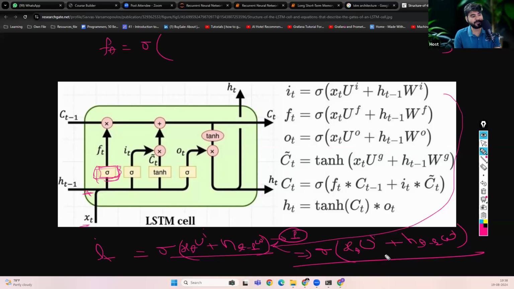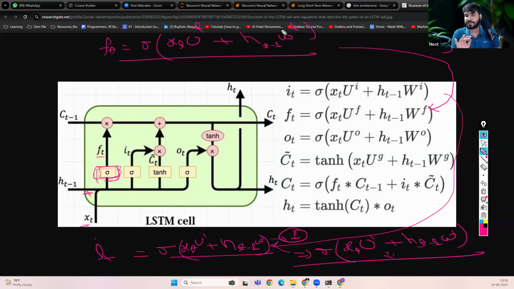So can we write this same equation like this: x of t u of f, f meaning we are talking about the forget gate, where i meant the input gate, plus h of t minus 1 w of f. This is the same equation that we have here. We are just introducing the forget gate here. Same input data, but here we are talking about the input gate, and here we are talking about the forget gate.